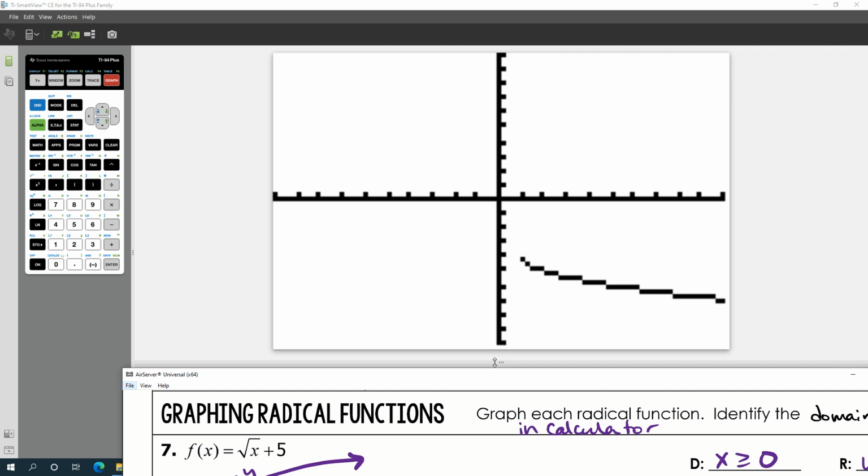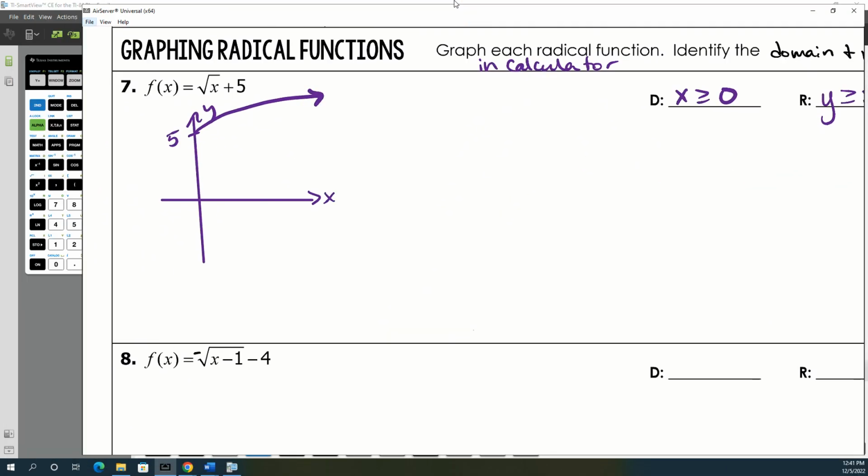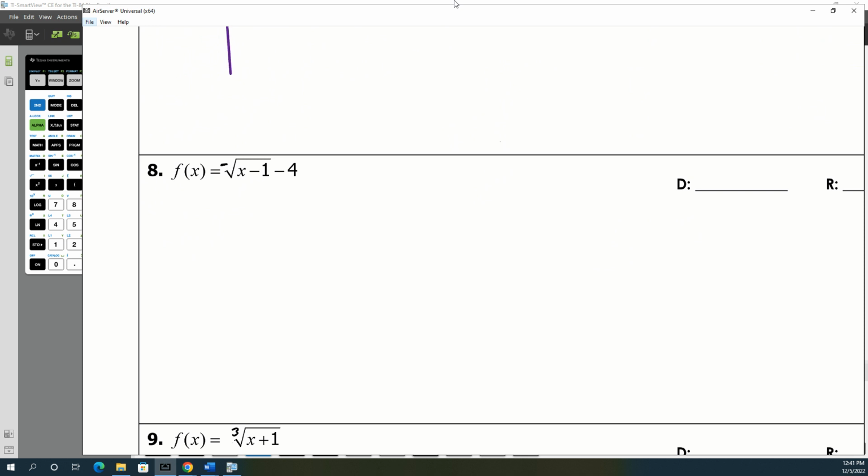So this one had 3 things: it reflected it upside down, so you can kind of tell it's upside down compared to the last one. And then it shifted right 1 and down 4. So what would that make that point be right there? -1, oh, sorry, 1, -4. All right, so your endpoint's there, and then it's upside down.